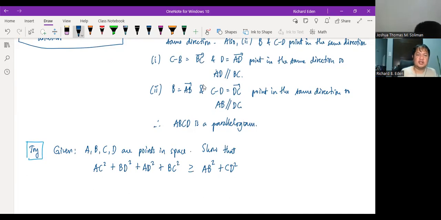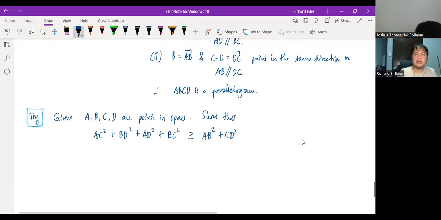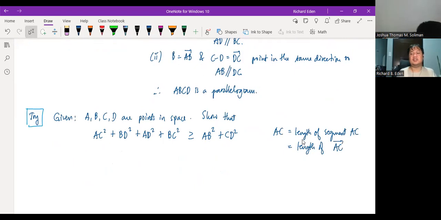Just so it's clear, when we write down AC, we mean the length of segment AC, which is equivalently the length of vector AC. So you can think of these as lengths of vectors being squared and added as shown.